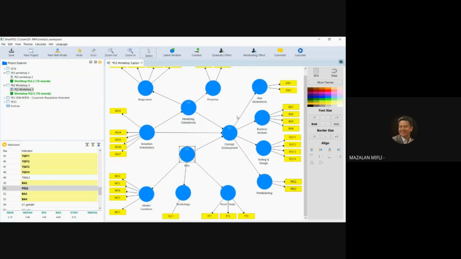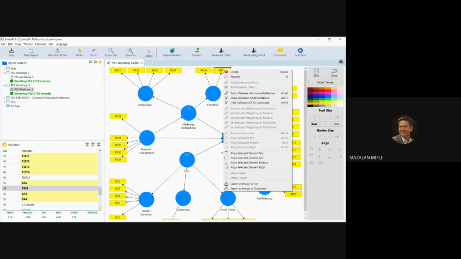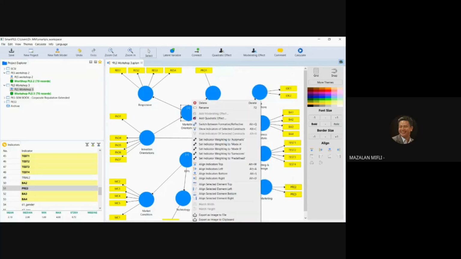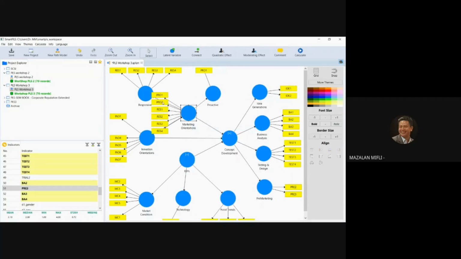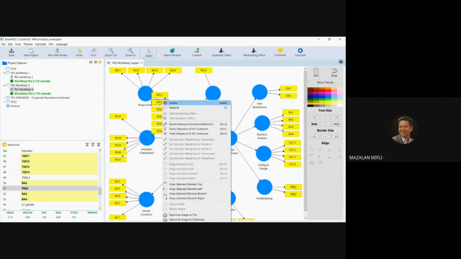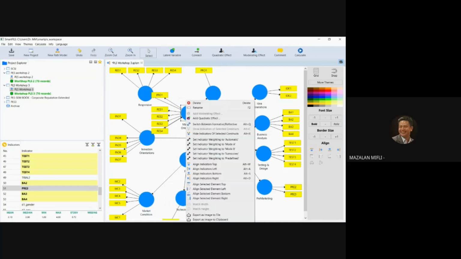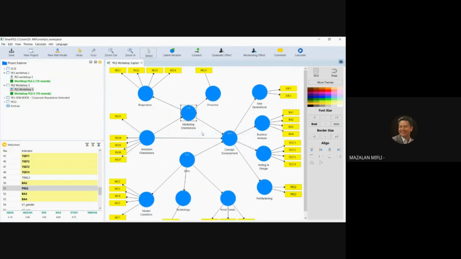And here we are gonna delete the Pro 2. Now we gonna delete this Pro 2 as well. All right, now I'm gonna hide that. There you go. Okay, let's see whether it turned out to be an acceptable result.